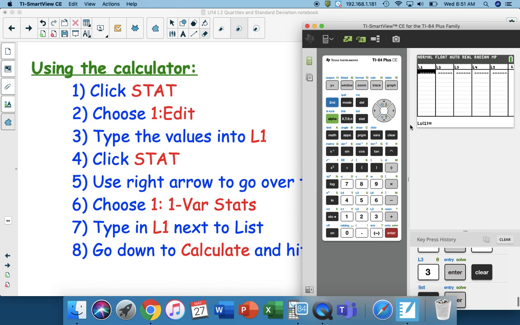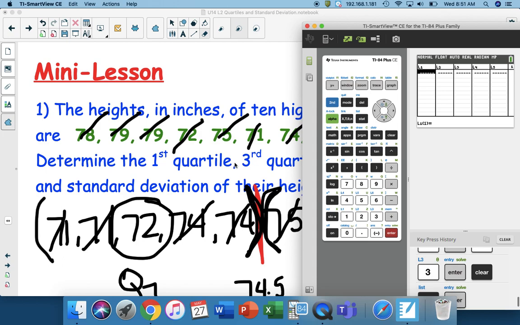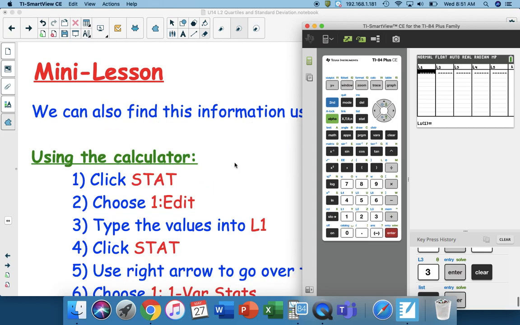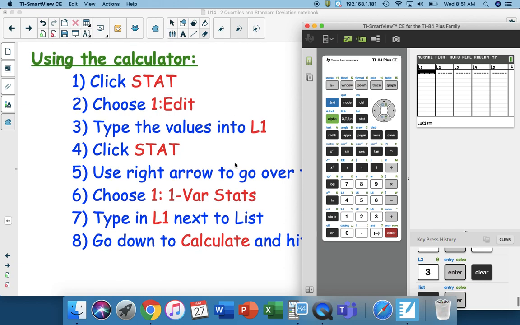So that's all the values you just saw previously on the previous slide, right? All these values right there. So type those into L1. Order does not matter, so you don't have to type them in order. So 78, enter. 79, enter. And you have to make sure you press the enter button. 79 again, enter. And be careful.